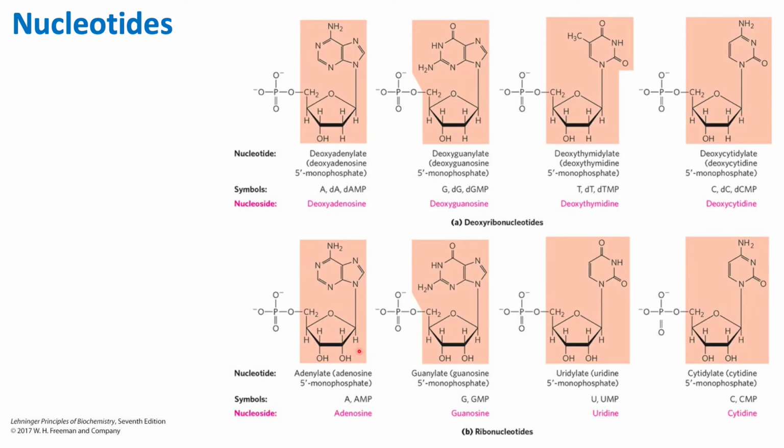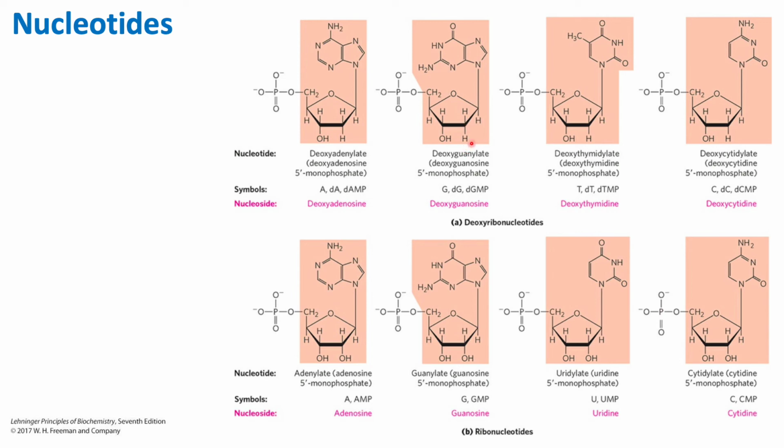Now here we can take a look at our DNA and RNA and how they differ. So we can see over here then in our deoxyribonucleotides, we have A, G, T, and C, but in our ribonucleotides, we have A, G, U, and C. Now what's really important here to make note of is that in our deoxyribonucleotides, so in our DNA, if we take a look at our pentose sugar, here at this carbon, we do not have an OH group down here.